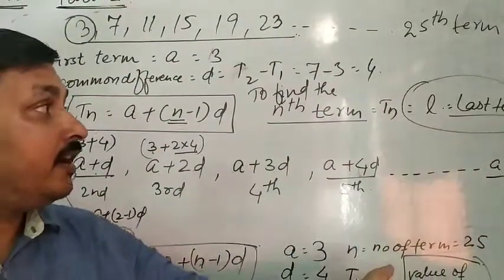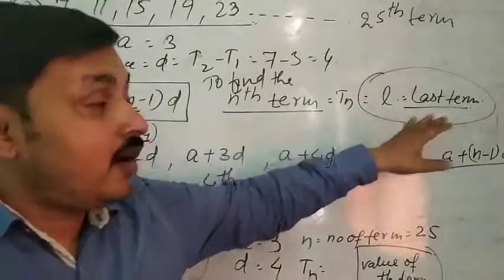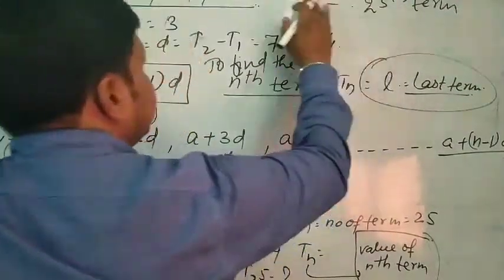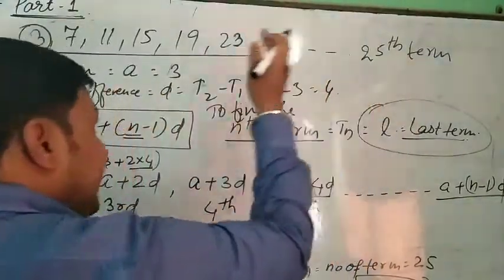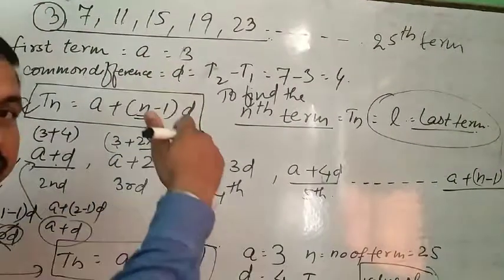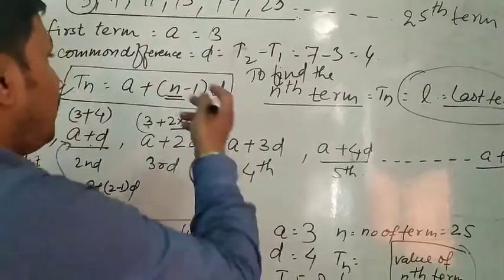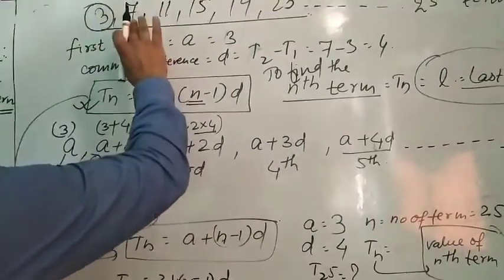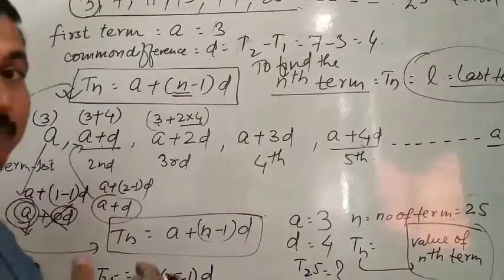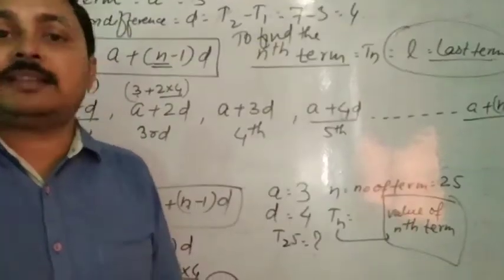And now we write the formula for how we can find the nth term from the end. From the end, that means from the last term, if we have to find the value of the nth term, what formula will we use? That was the formula from the first term; now how will we find it from the last term?